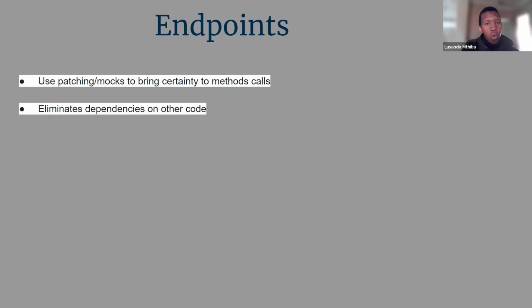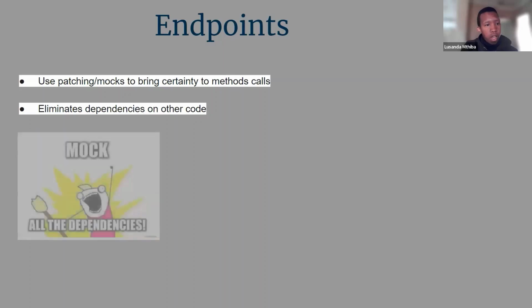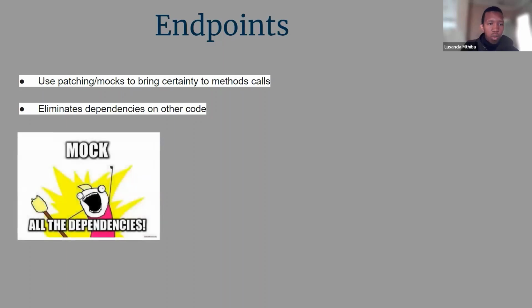If you are calling a database, then you mock something, which means you are making your fake database that will have the data that you want to put in there. So you have to mock every dependency you are calling in endpoints, or different functions.